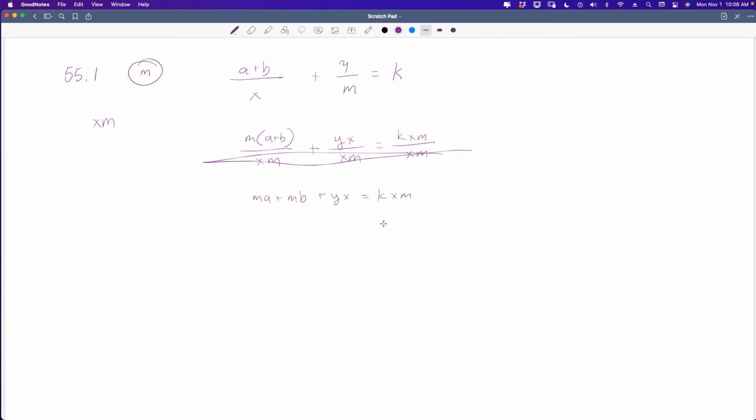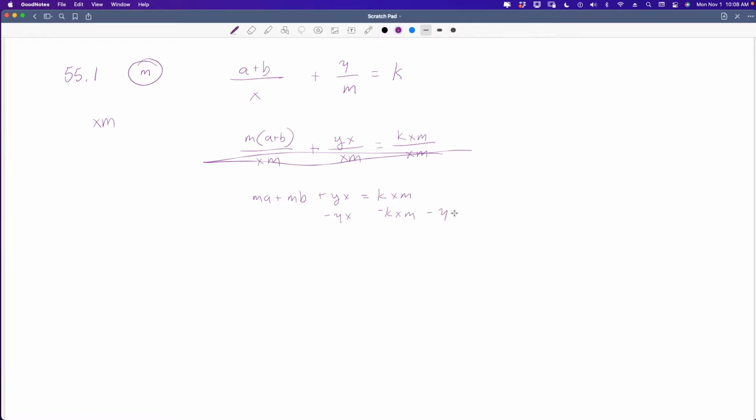Remember, we're solving for m, so we need to take yx and move it over here. So minus yx equals, and we need to get xm over here because we want to find that m, right? So minus kxm.